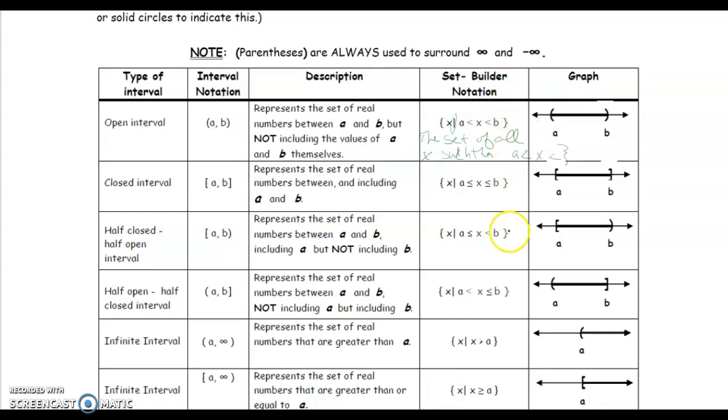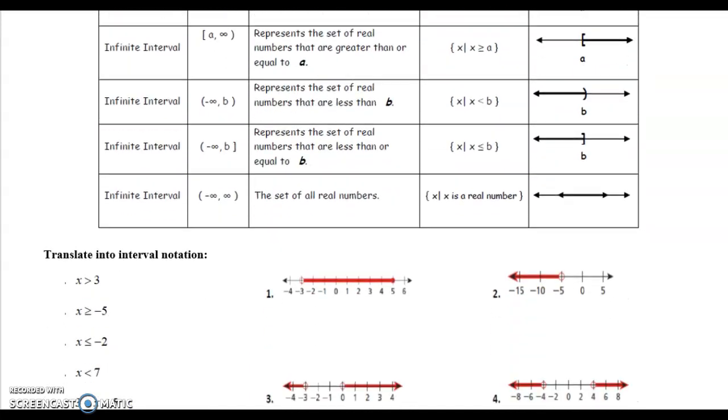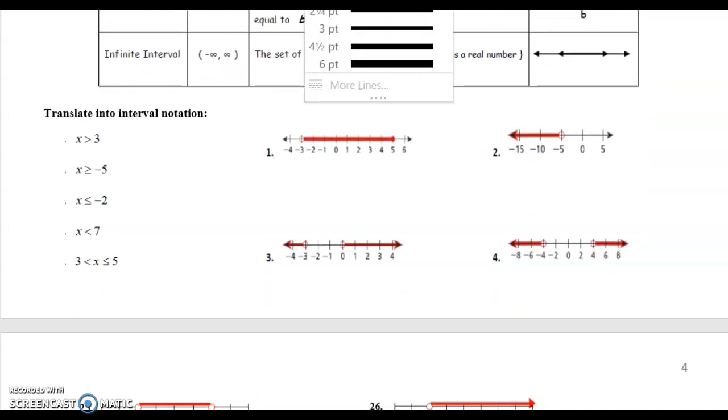So math reads the same in any language, and that's why the notation's important. But most of it's just exposure, so don't let it worry you. But please do ask questions if you have it. But for right now, let's get to examples, because you should look at the chart on your own. But I'm going to go to the examples so that it makes the most amount of sense for you.